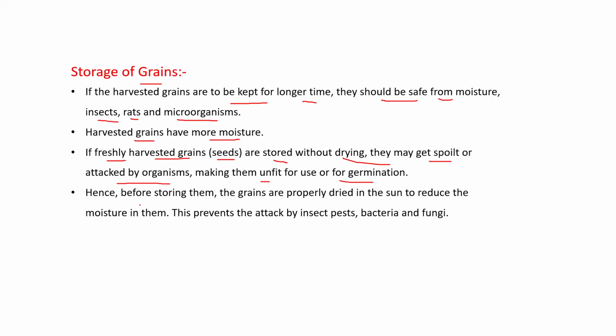Hence, before storing them, the grains are properly dried in the sun to reduce the moisture in them. This prevents the attack by insects, pests, bacteria and fungi. This is one of the important stages of storage of grains.